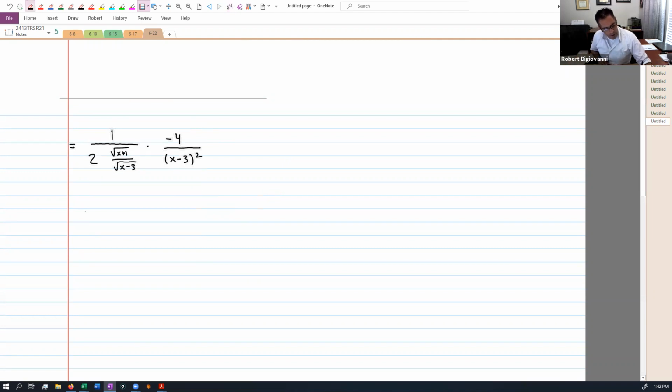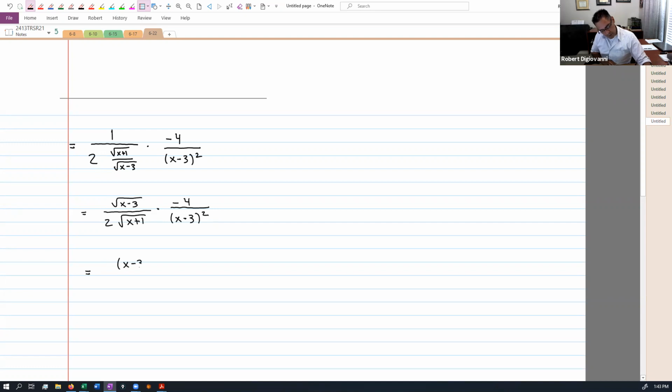So what I'm going to do next is I'm going to flip it. So the square root of x minus 3 is going to go on top. And now on the bottom, I have the 2 that was there, and I still have the root x plus 1 there. And that's all being multiplied by -4 over x minus 3 squared. And do a little bit more simplification.